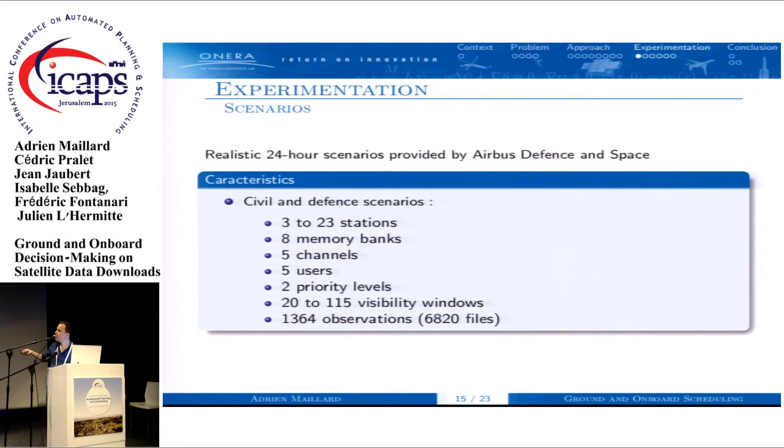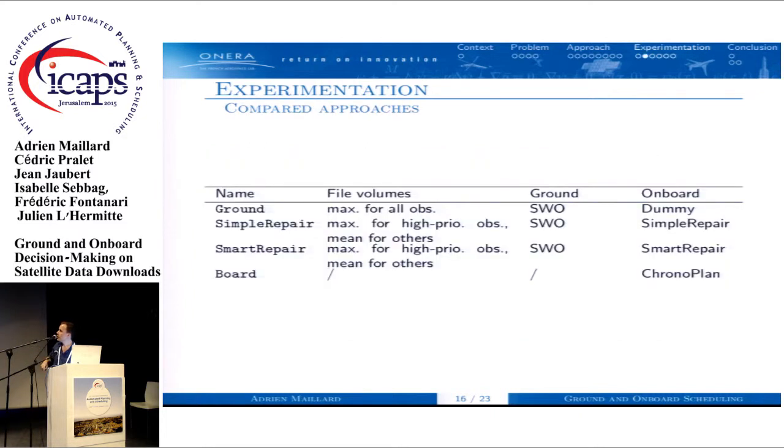And we have done some experiments on realistic instances provided by our industrial partner. And you can see here that the instances are pretty huge, so it's difficult. We are comparing 4 approaches. Ground is just observation scheduling with maximum volumes for all, and the plan is strictly executed on board.